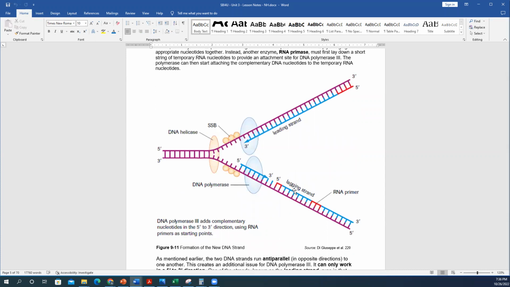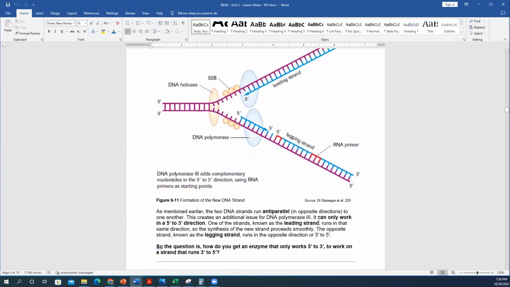You should understand that there is the leading strand, and then there is the lagging strand. And you should understand that the two strands of the DNA run anti-parallel to each other in opposite directions.